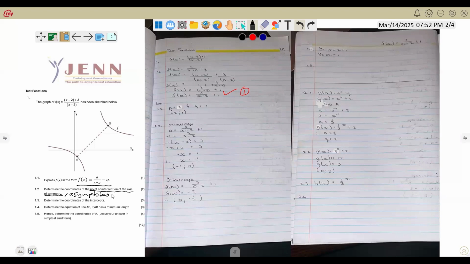Sometimes they can ask this question by just saying determine the equations of the asymptotes. It's almost the same thing, but I will explain equations of asymptotes. The way they asked for the coordinates of the point of intersection, it means your final answer must be in coordinate form.